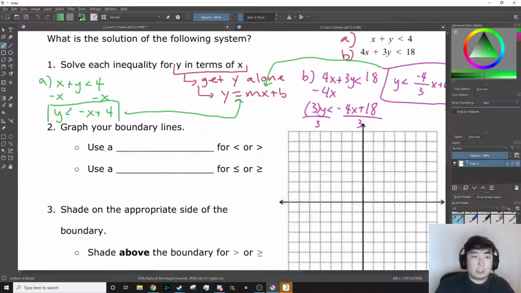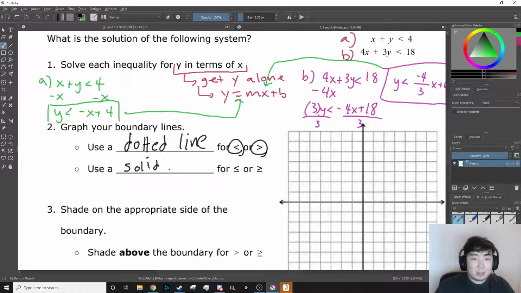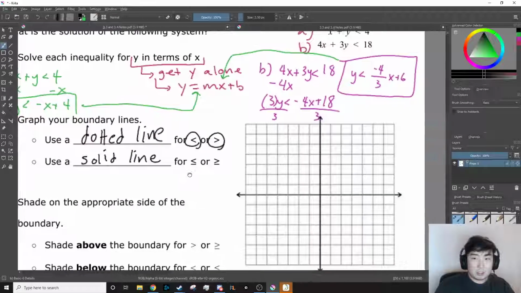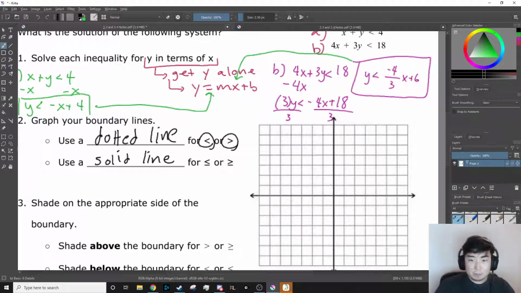Part 2, graph your boundaries. Use a dotted line for less than or greater than, but when they have the equal to, we use a solid line. So it looks like this. I'm going to use the green again. 1, 2, 3, 4. And it's negative x, right?